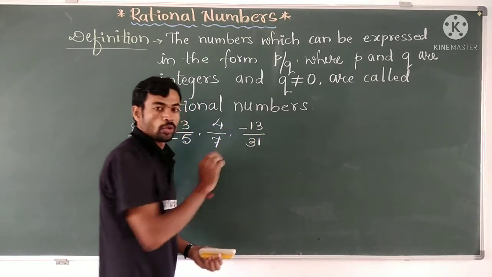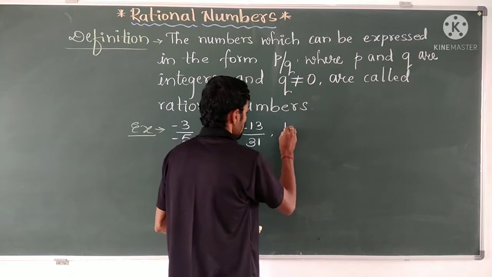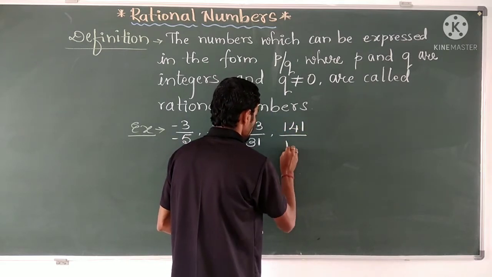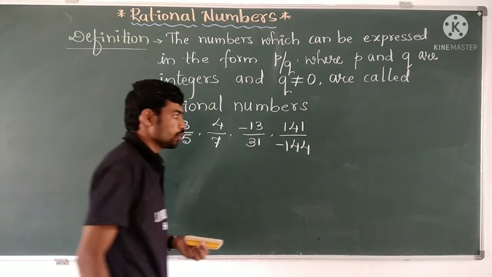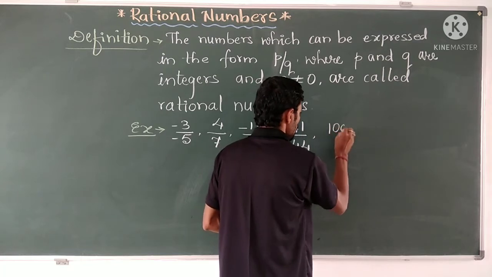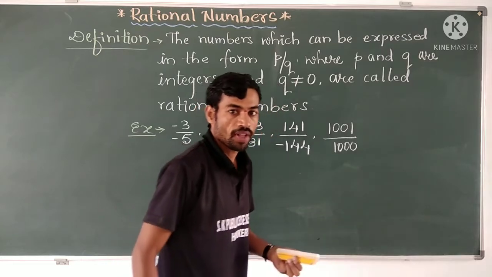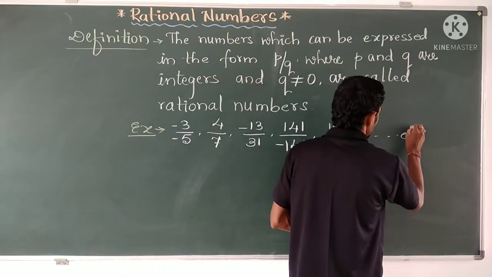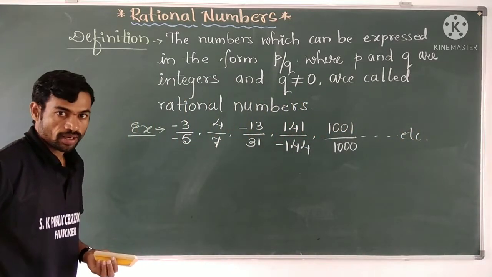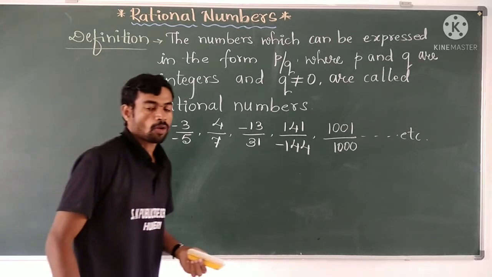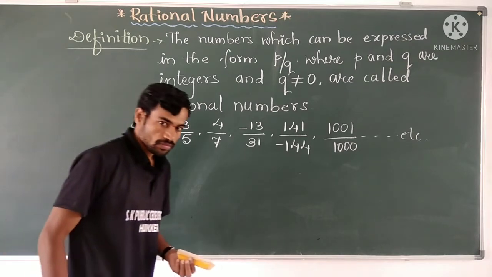If either P or Q is negative, then we can say it is a negative rational number. 141 divided by minus 144 is also a negative rational number. 1001 divided by 1000 is also a rational number. Clear? The numbers which can be expressed in the form of P by Q, where P and Q are integers and Q is not equal to 0.